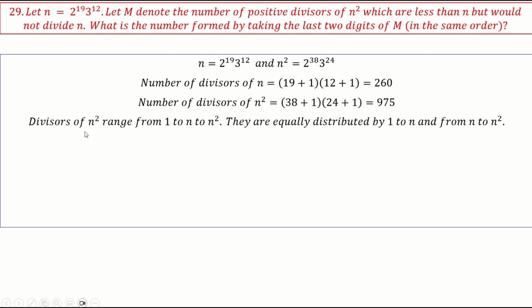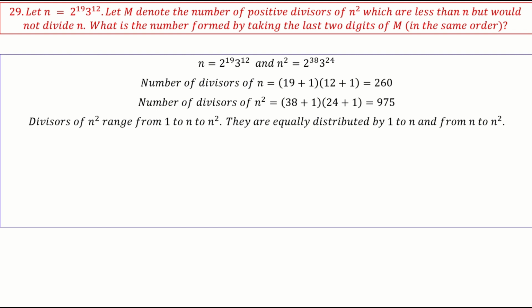Now these numbers, divisors of n square, range from 1 to n and n to n square, right? And if you carefully observe, the divisors of n square are equally distributed between 1 to n and n to n square. Why? N square into 1 is n square. If you take n into n, that is n square again.